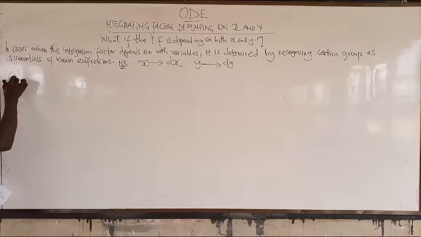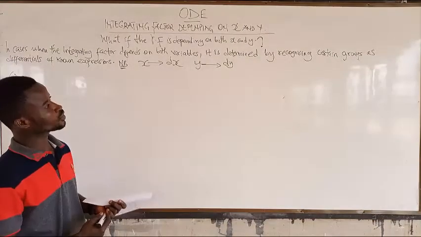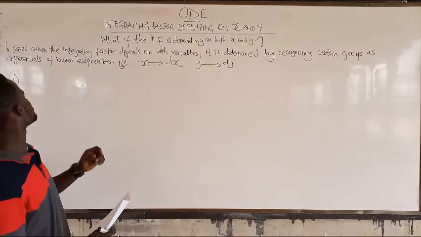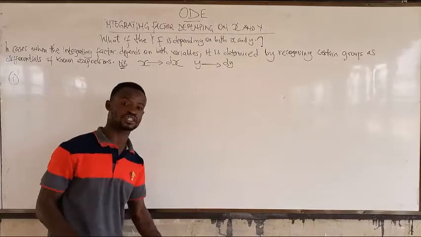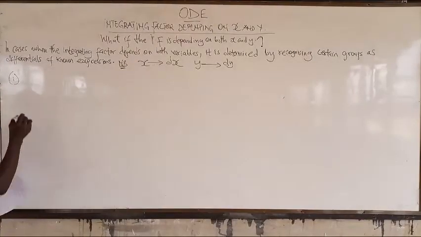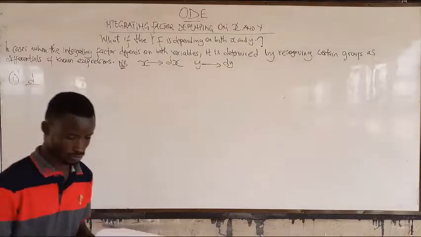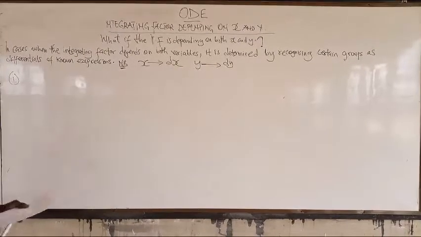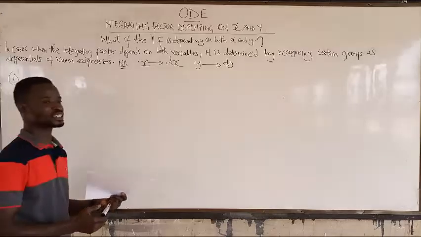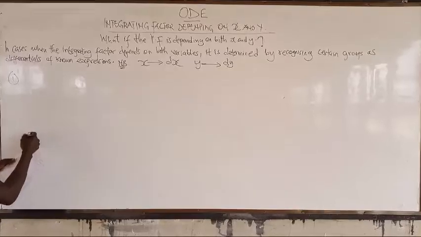Now, first proof. We are going to recognize certain groups as differentials of known expressions. But before that, you need to understand it. If you have a derivative, don't forget your product rule and your chain rule.